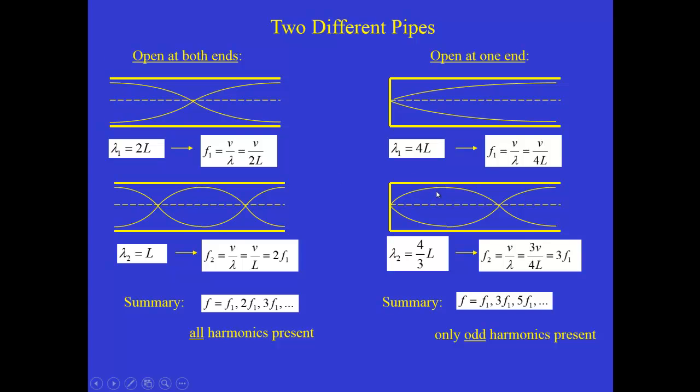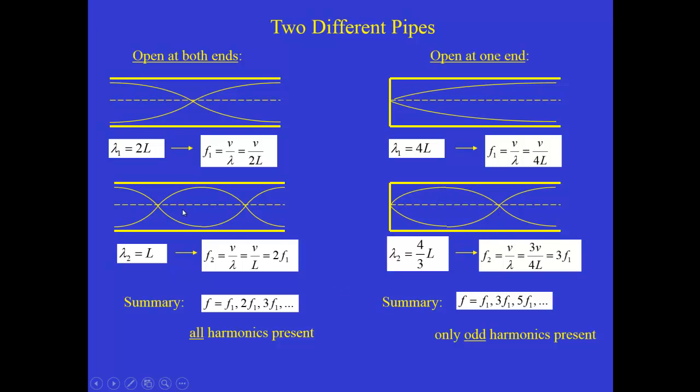Again, what happens in a real life instrument is when air is blown across the open end, we don't just generate one of these standing wave patterns, but actually a mixture of them, a mixture of different harmonic frequencies. And so the sound that we hear is a combination, depending on which ones are excited most strongly, of all of the possible frequencies that match the standing wave condition for that pipe.